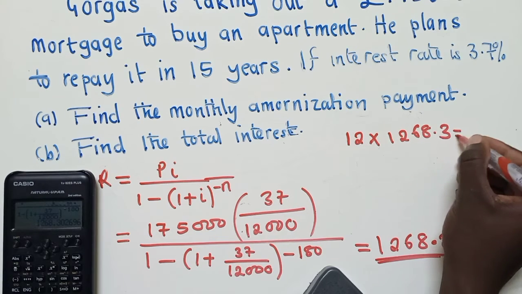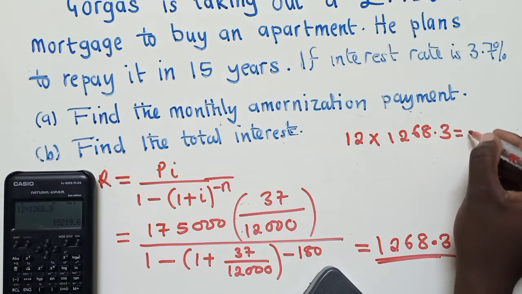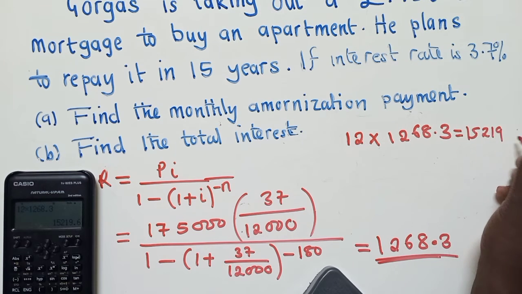So what are we getting when we multiply 12 times 1,268.3? We are getting 15,219.6.